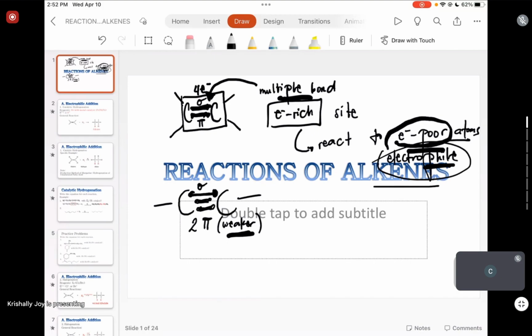Bakit siya na-attract sa negatively charged? Kasi, very poor siya sa electrons. Tama? Mas marami sa kanya positive. Kaya ang mga electrophile na-attract sa mga negatively charged atom. Okay? So, take note that electrophile doon na-attract ang mga alkenes.